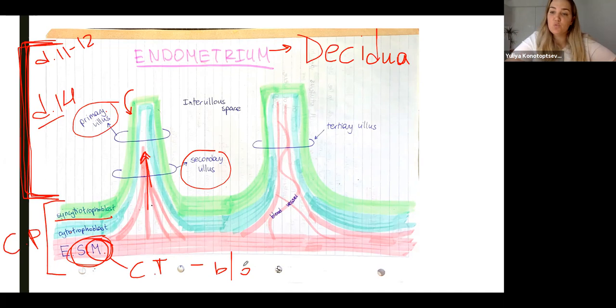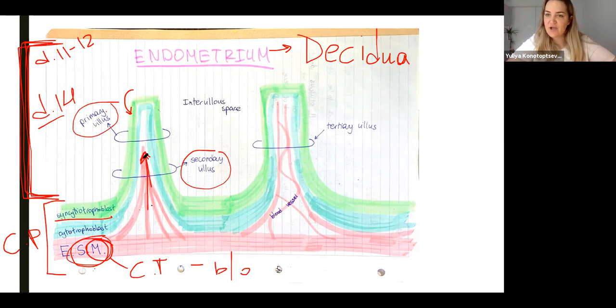So blood vessels with blood, okay? Connective tissue and blood vessels, they always come from mesoderm. So for example, we have paraxial mesoderm. We'll learn it today. It gives rise to axial skeleton, but what else can it give rise to? To the connective tissue of the axial skeleton, to the blood vessels of the axial skeleton.